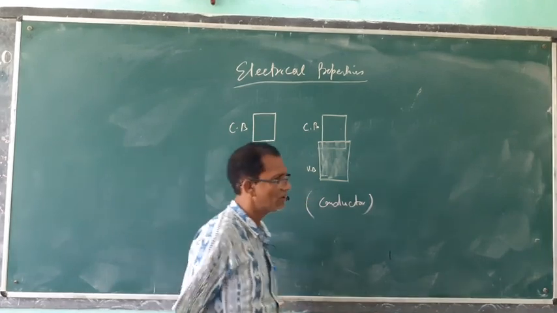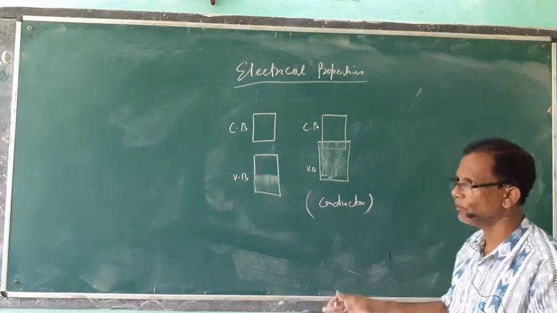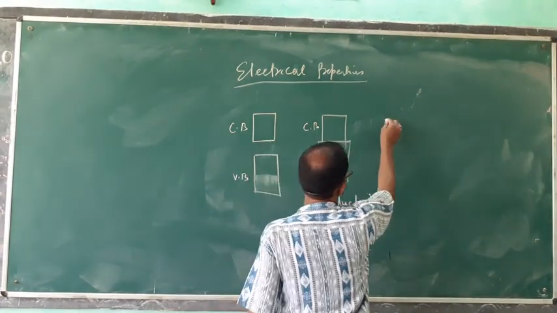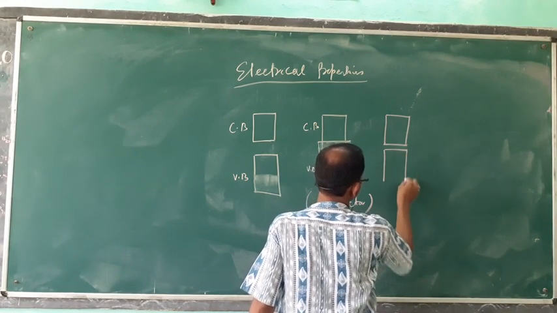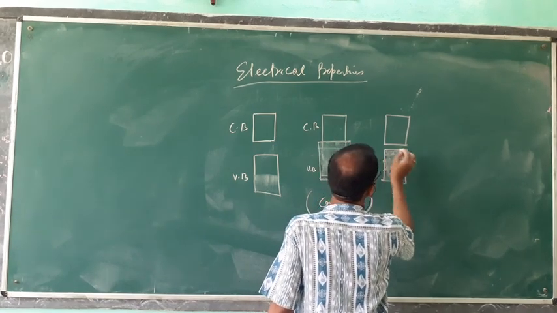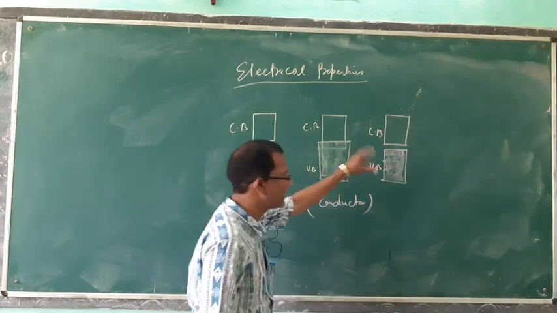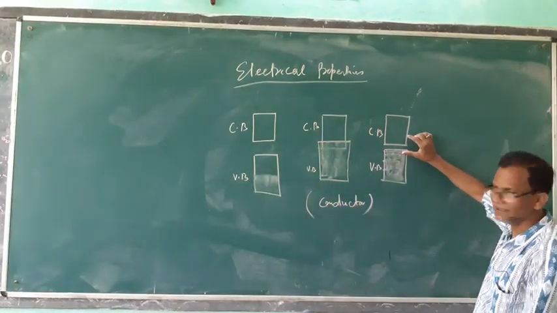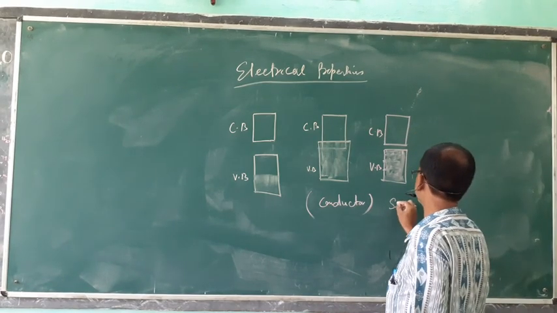That's why it is called a conductor, where the conduction band and valence band are just touching, overlapping each other. Then when the gap is very less, here already overlapping, here not overlapping, very less energy gap, this is called a semiconductor.